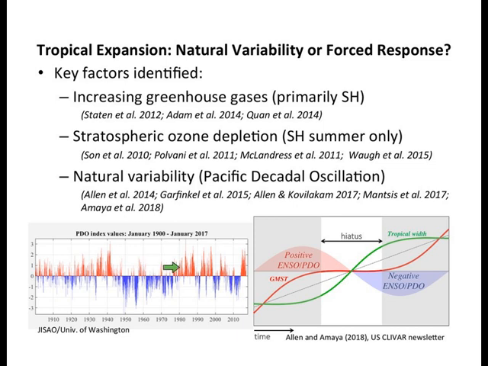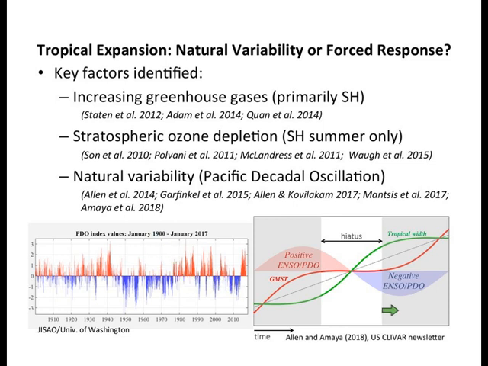If you look at this time series of the PDO, during the 1980s and 1990s, there were relatively warm sea surface temperatures in the eastern tropical Pacific, so you had more El Nino-like conditions on average, and then the PDO switched to more of a La Nina-like state, a cooler phase, in the early 2000s. So this transition between positive ENSO/PDO and negative ENSO/PDO occurred in the late 1990s.